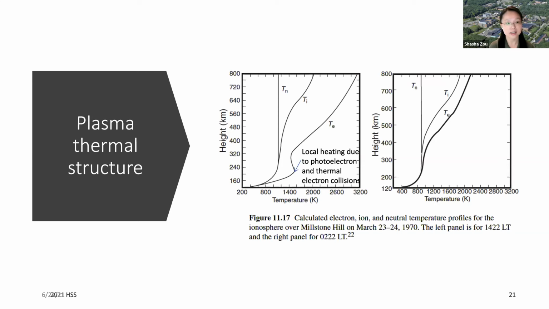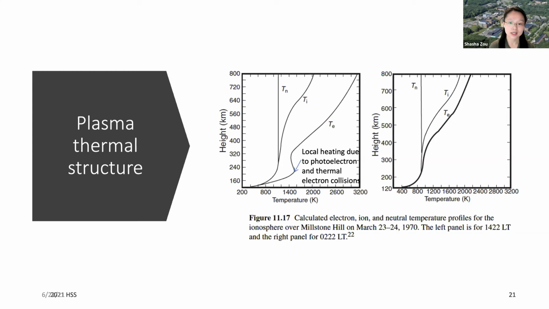The heat flux can be generated in the inner magnetosphere region, like the ring current region, and then due to thermal conduction, the additional heat comes down to the ionosphere height and increases the temperature there. So that's why we typically see the temperature become larger and larger as you move to higher altitudes.